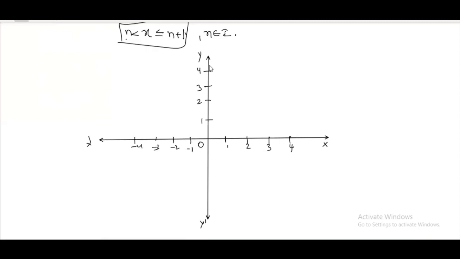The greatest integer function graph I will draw in red. From 0 to 1 we will get 0 only. Here it is closed, and again at 1 it becomes 1, and 1 to 2 it will be like this, jumping to the next. So this is the GIF graph.